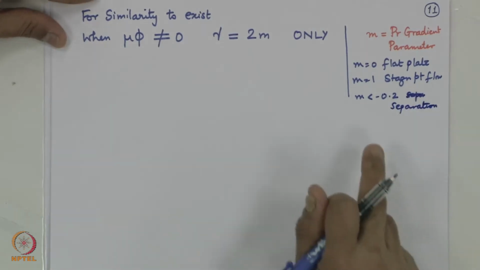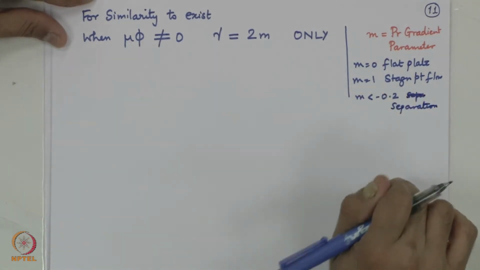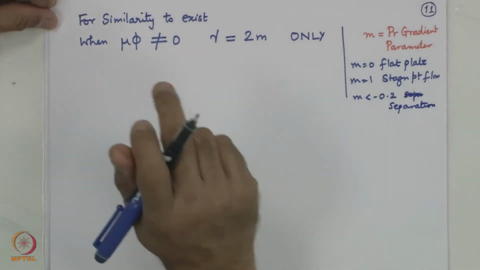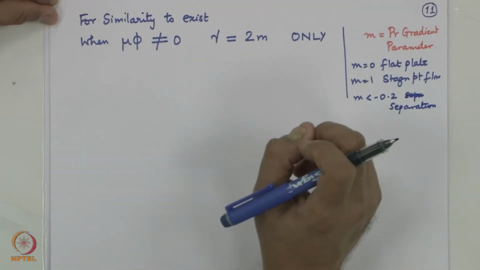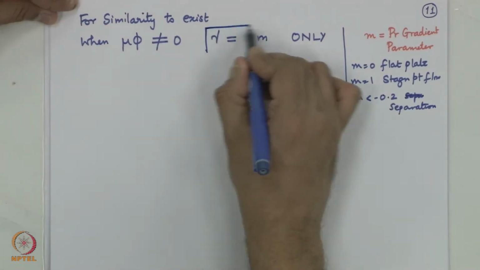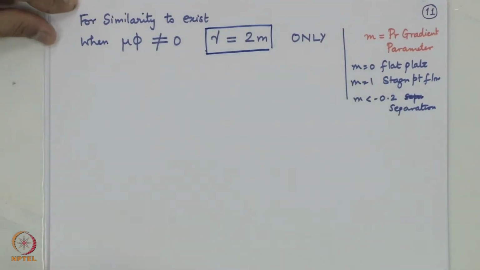So we have a few restrictive cases of m, but if we want the viscous dissipation effect to be quantified, gamma can take the value 2m only.